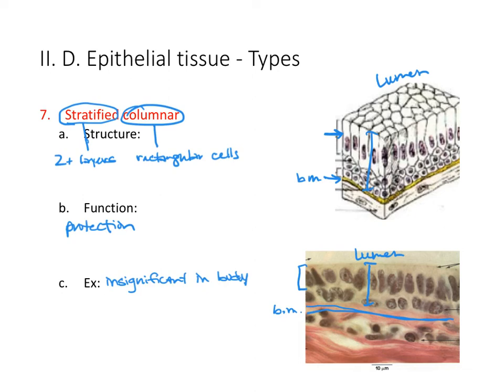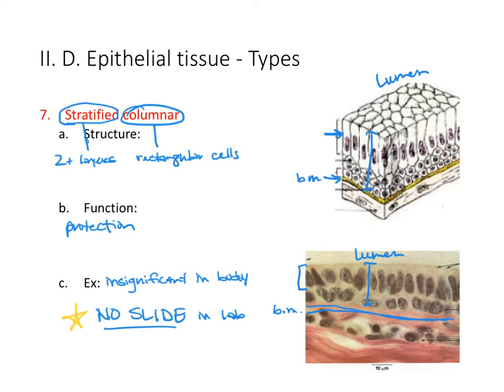This stuff sometimes is hard to tell from pseudostratified columnar. And so I'm going to make a little note here with a big star. And I'm going to tell you that we have no slide of stratified columnar for lab. So no slide in lab. So on a lab test, if you're looking at something and you're like, is it pseudostratified or is it stratified columnar?